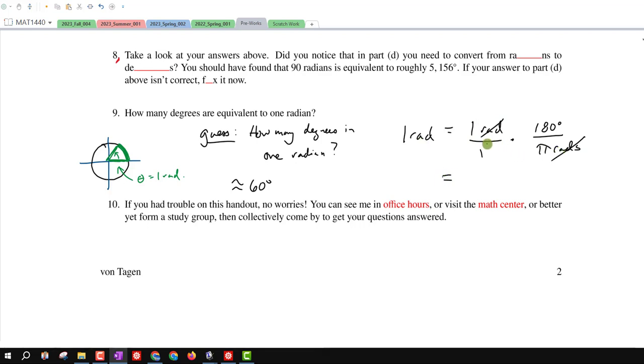But if I set up this multiplication, we're going to take 180 divided by pi, and that will give us the degrees of our answer. So let me go ahead and do that. So from the calculator, I found that that was approximately 57, if we round to the nearest tenth, 57.3 degrees. So we're saying that 1 radian here is roughly equivalent to 57.3 degrees. That matched with what we expected from this picture, but there we actually have found how much a radian measure's worth is in terms of degrees.